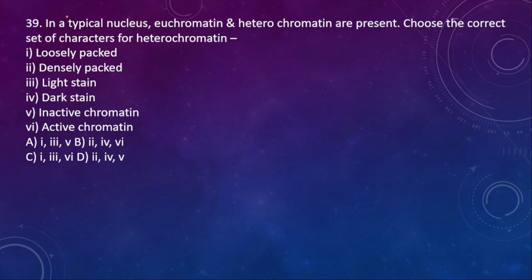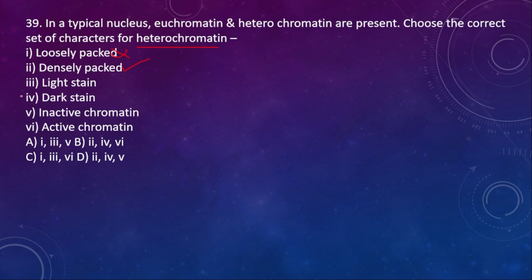Next, the 39th one. In a typical nucleus, euchromatin and heterochromatin are present. Choose the correct set of characteristics of heterochromatin. They are not loosely packed, they are densely packed, with tight packaging.